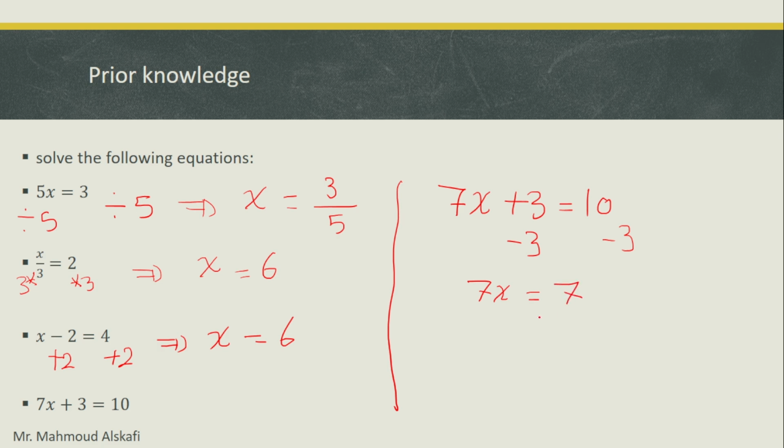Now this looks like the first equation. Divided by 7, x equals 1.